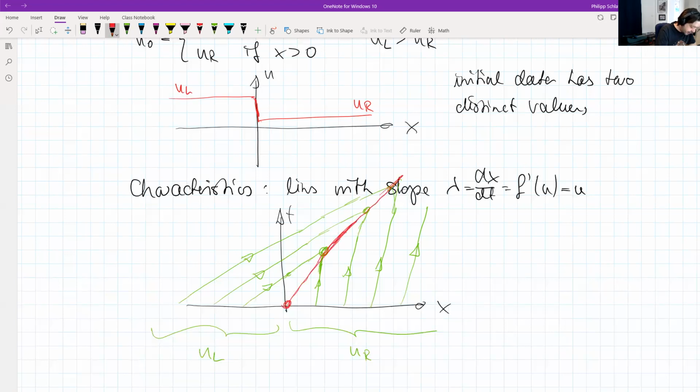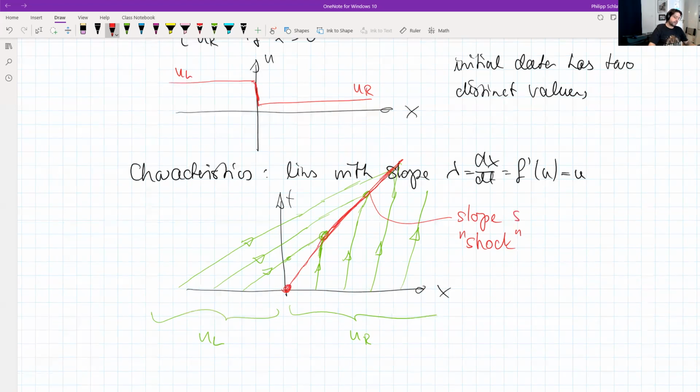That should be straight, starting from the original position of the discontinuity, with a slope s. We will write down the value of s in a second. This red line I would consider to be the shock, or the position of the shock, because at each point along the red line we have two characteristics running into the shock and essentially being dissipated into the shock.